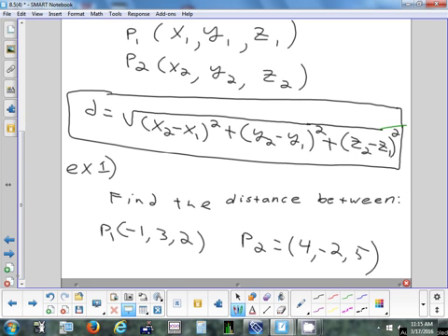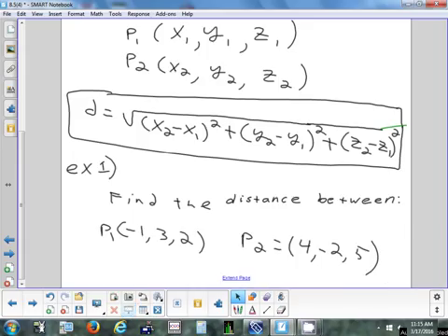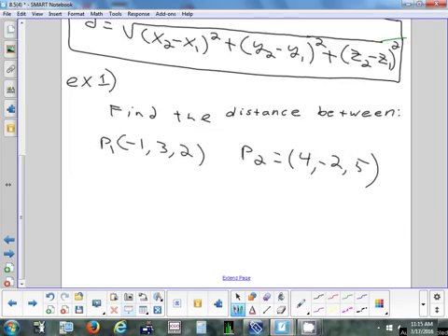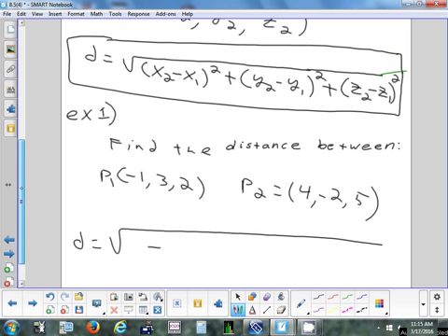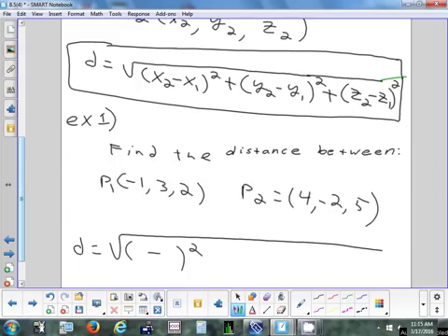Right, and the first problem we'll just find the distance between those 2 points. Since this is P1, we'll let P1 be x1, y1, z1, and then P2, x2, y2, z2. So can someone tell me what I'm going to subtract first in parentheses? 4 minus negative 1.